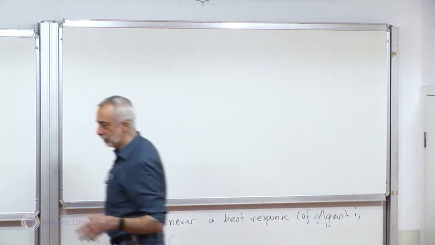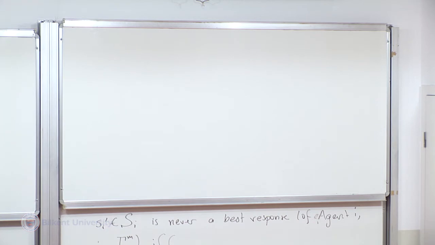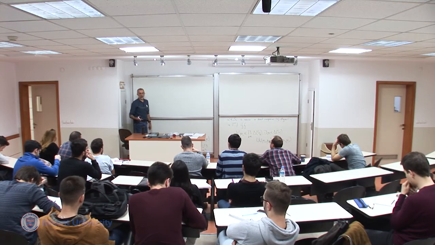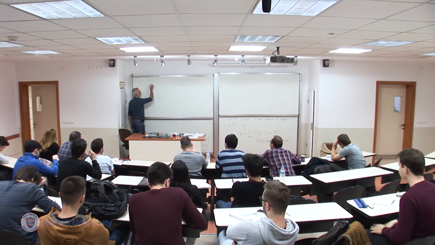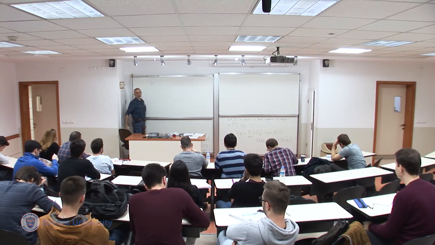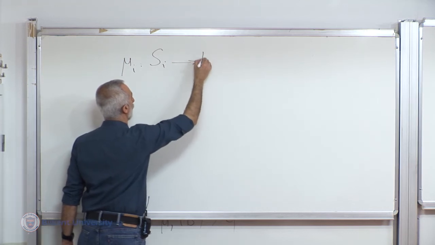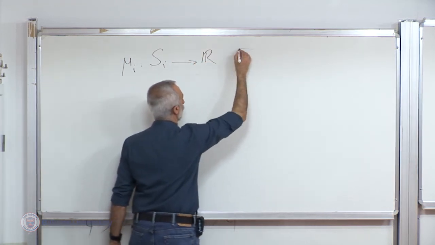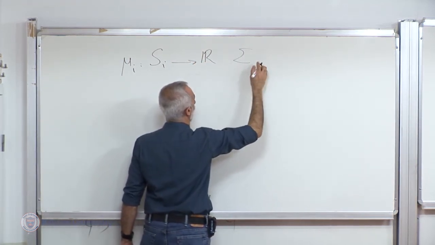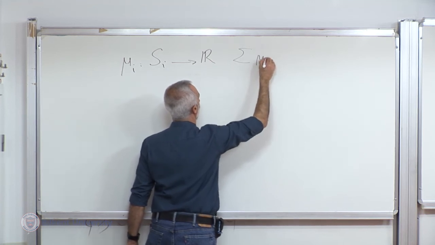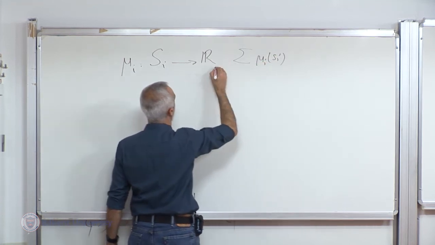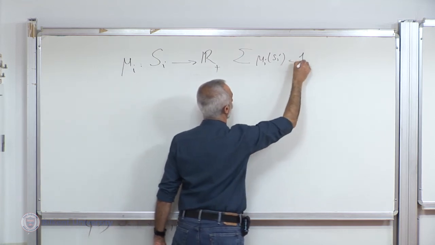Again, when I say convex combination, what do I mean? When you have a finite set, a mixed strategy, we can think about it as a function μ_i from S_i to R_+, such that the summation of μ_i(s_i) over s_i in S_i is equal to 1.